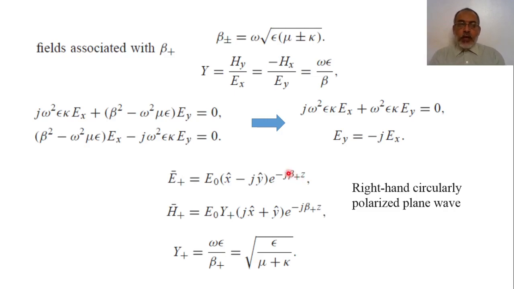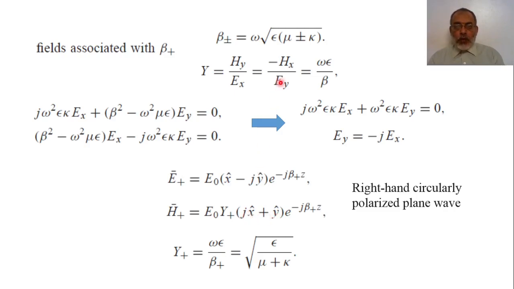On the other hand, if we are looking for the magnetic field, the value of Hy is given by Ex multiplied by Y plus, while Hx is minus Y plus multiplied by Ey. So in this case, the magnetic field can be represented as E naught multiplied by Y plus multiplied by j in X direction plus Y direction.